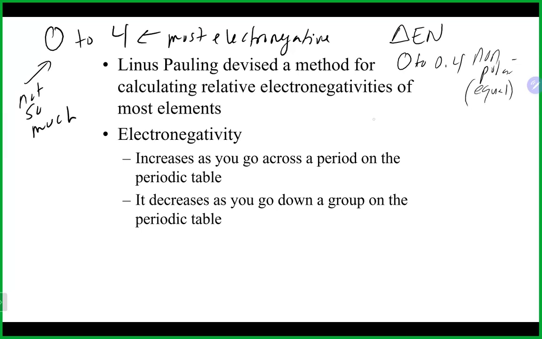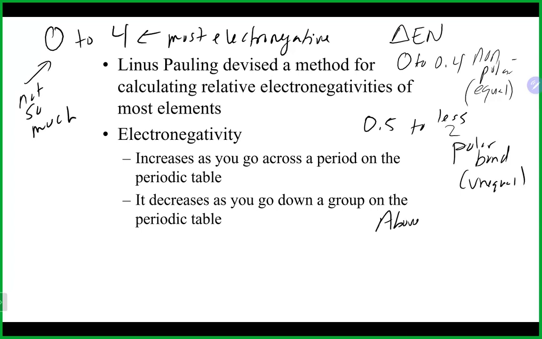If you're above 0.4, like 0.5, to less than 2, that's going to result in a polar bond, unequal sharing of electrons. And typically above 2, a usual result is an ionic bond, no sharing of electrons.